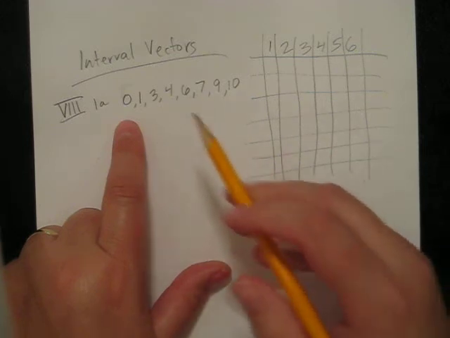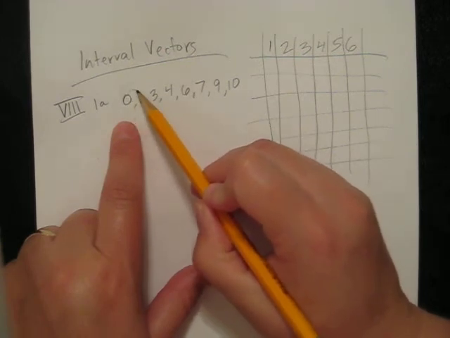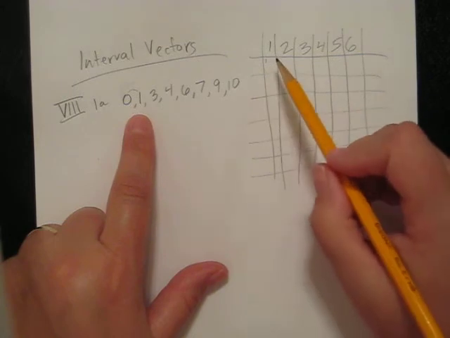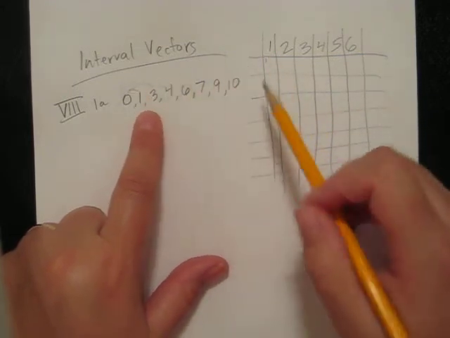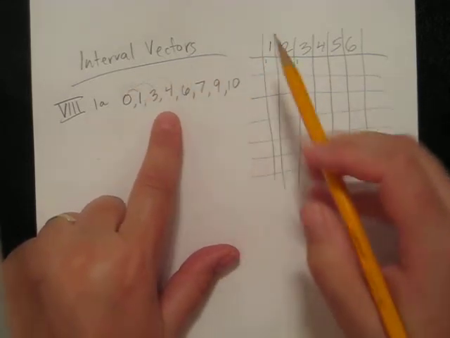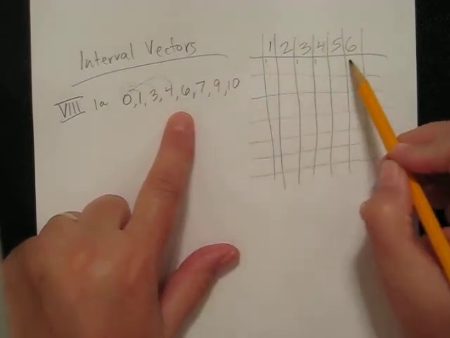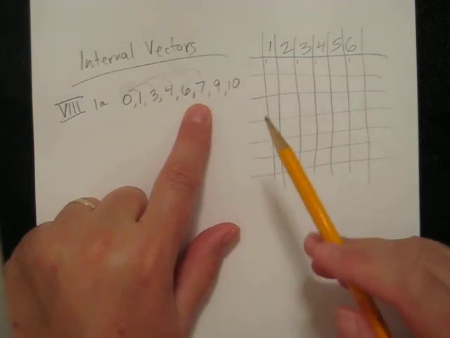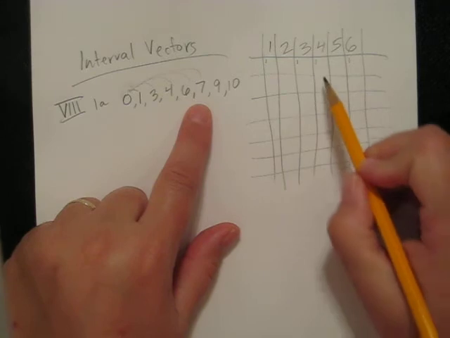So first we're going to go 0 to 1, that's a 1, and I'm going to put just a little hash mark there. 0 to 3 is a 3, 0 to 4 is a 4, 0 to 6 is a 6, 0 to 7, it's an interval of 7, but it's an interval class of 5.